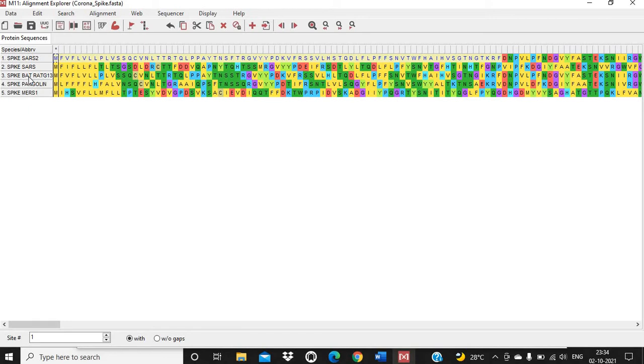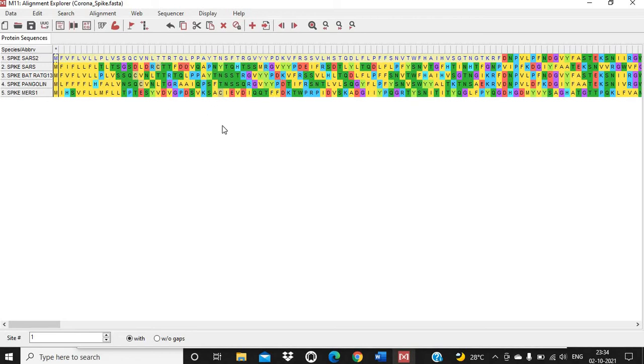This is a spike protein from a coronavirus which is found in bat, and this coronavirus has a spike protein which is very closely related to SARS-CoV-2. We also have spike protein from pangolin coronavirus, and the fifth one is spike protein from Middle East Respiratory Syndrome virus.